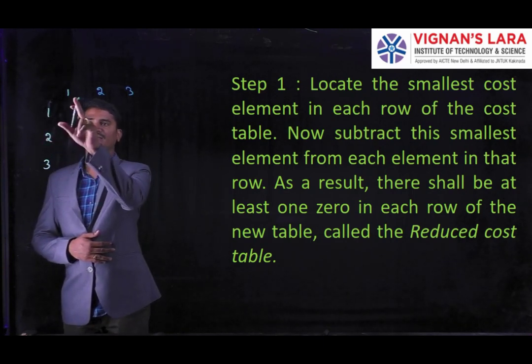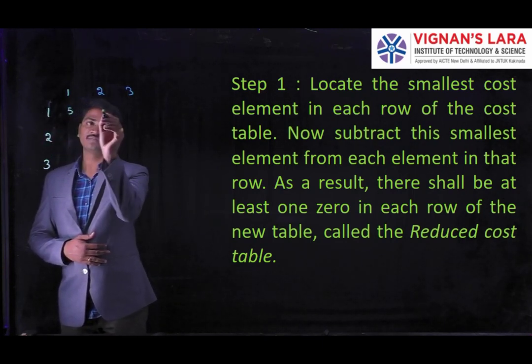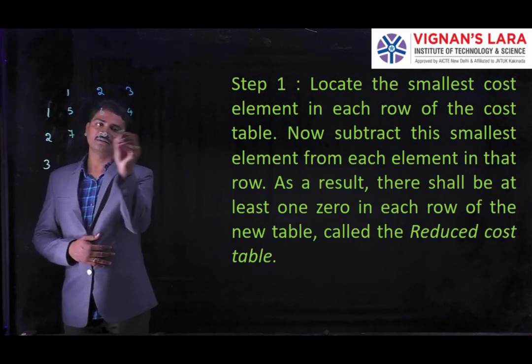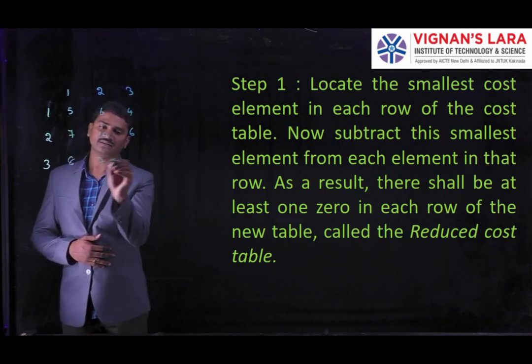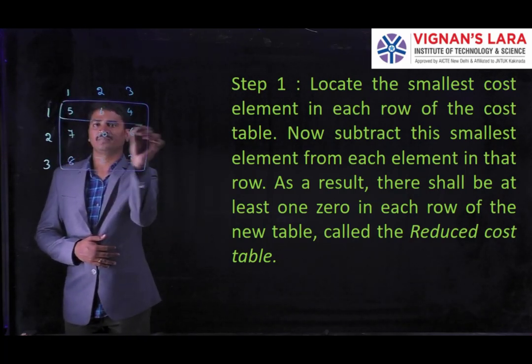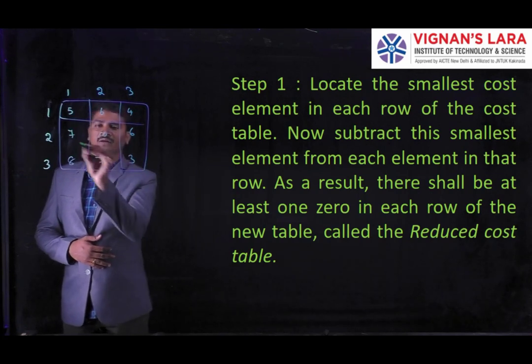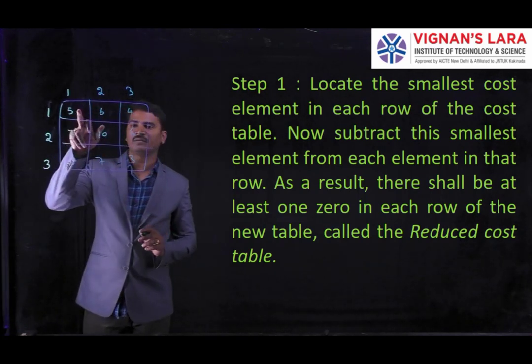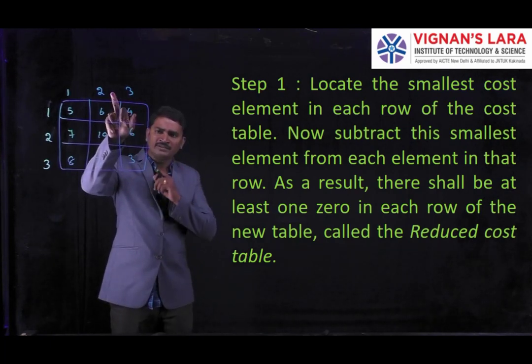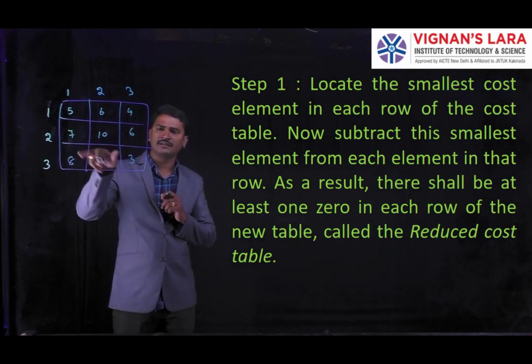Worker 1 performs job 1 in 5 hours, job 2 in 6 hours, job 3 in 4 hours, and the next rows are 7, 10, 6, and 8, 7, 3. Suppose these are the machining hours; it means worker 1 performs job 1 in 5 hours. Next, worker 1 performs job 2 in 6 hours, like that. These are the machining times.